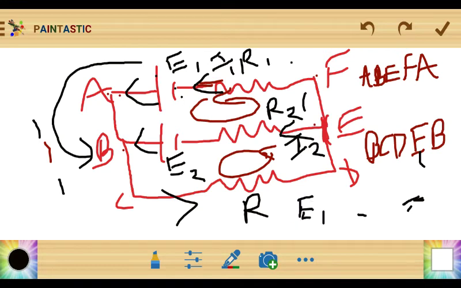But if we go from B to E, we are traveling from positive to negative, so E2 is taken as negative. So the potential difference is E1 minus E2.